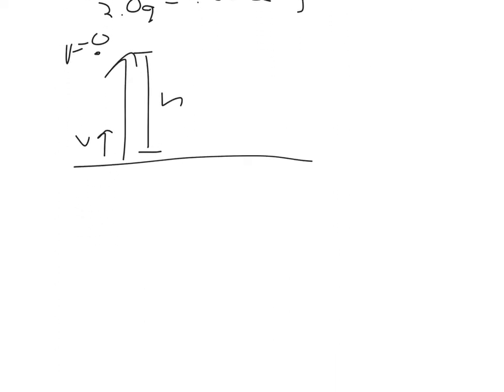So what's really happening is, we'll do a delta as final minus initial, so its kinetic energy is going to have a final kinetic energy of half m v final squared, subtract its initial, half m v naught squared. That's the change in its kinetic energy. What's its kinetic energy turning into as it goes up?